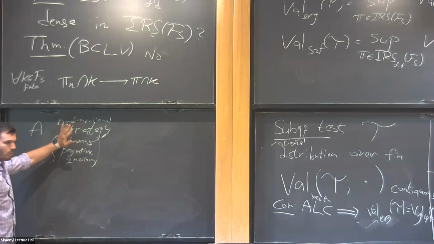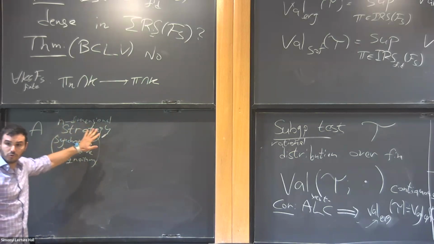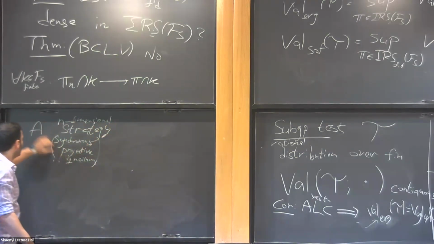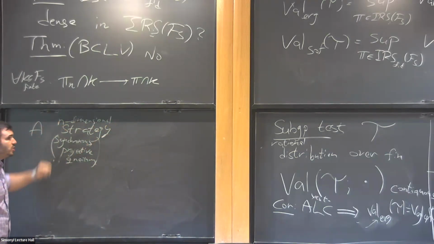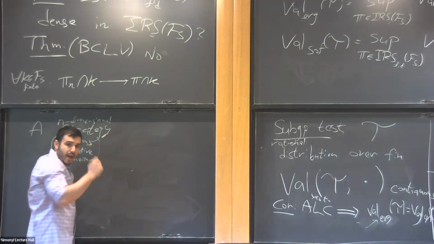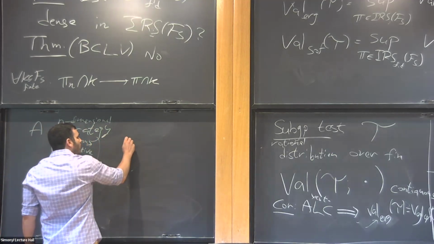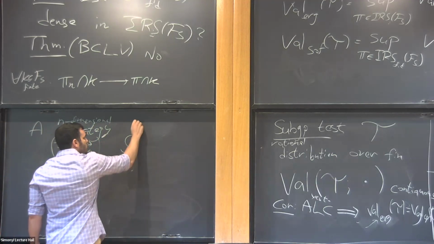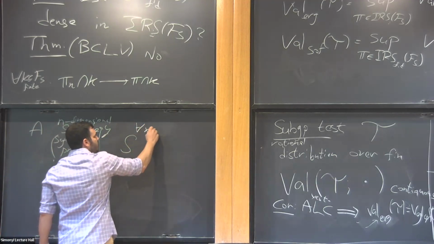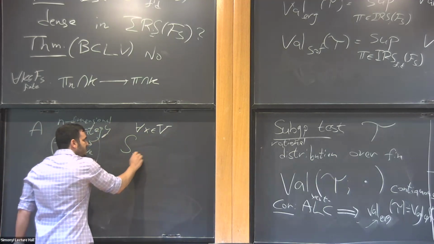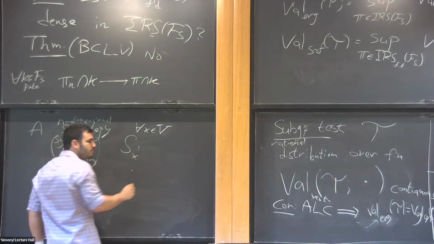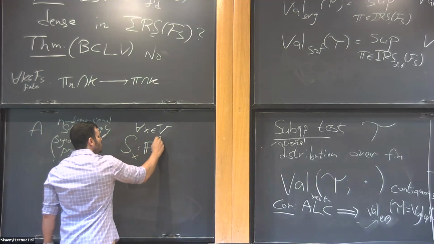Again, if you don't know what these words mean, great. If you do know what these words mean, you know what to compare my model to, okay? But for us, it will just be an n-dimensional strategy. It will be a map S that for any vertex, so for any x in V, S_x will be a unitary representation of dimension n of F2 to the L_x.